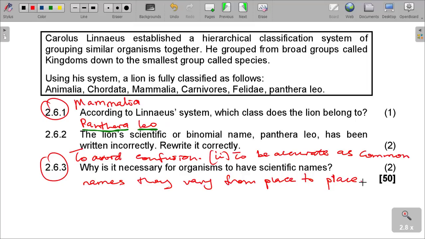So therefore, we need to have scientific names to avoid what? To avoid confusion. That is very correct.